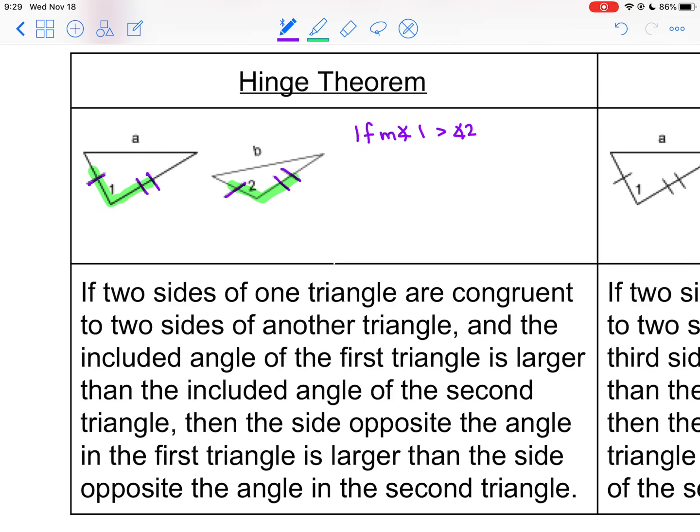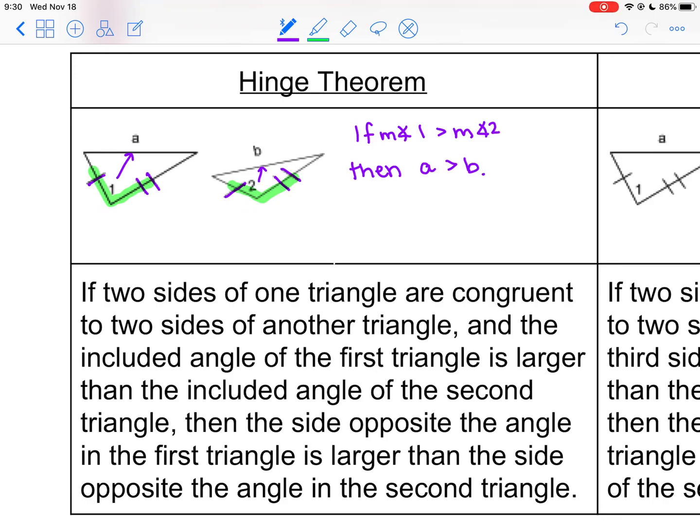So if the measure of angle 1 is greater than the measure of angle 2, then the side opposite, A, would be greater than the side opposite of angle 2, which would be B.